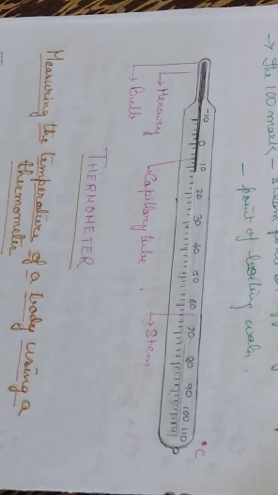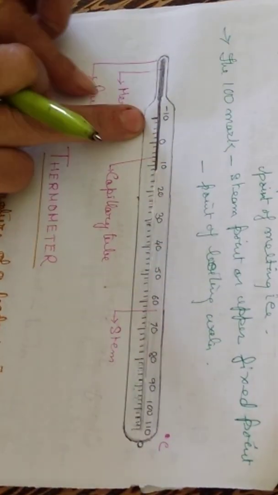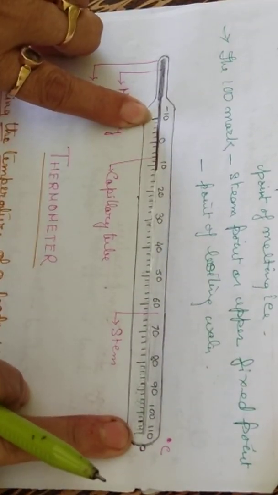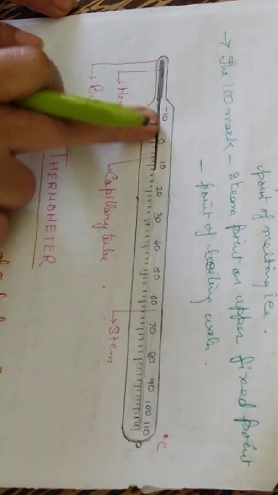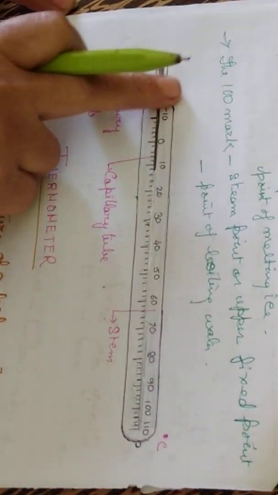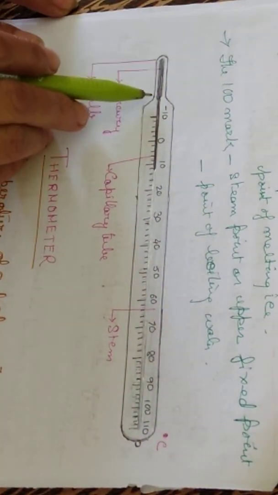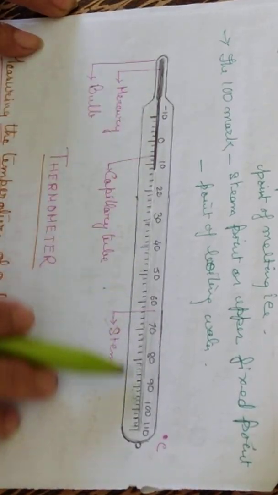See, this is the thermometer. This is the long stem. The markings are minus 10 to positive 110, and there are 120 equal divisions inside this. This is the bulb which has the mercury in it. This is the capillary tube.